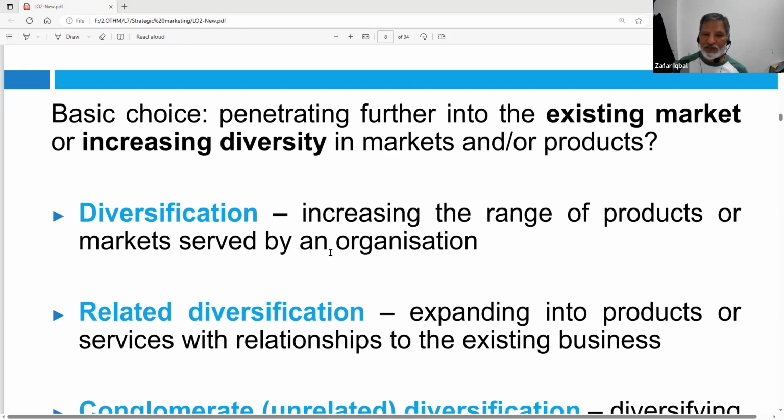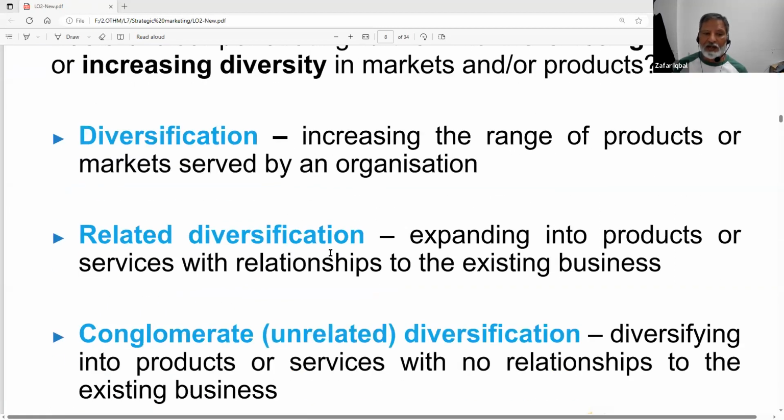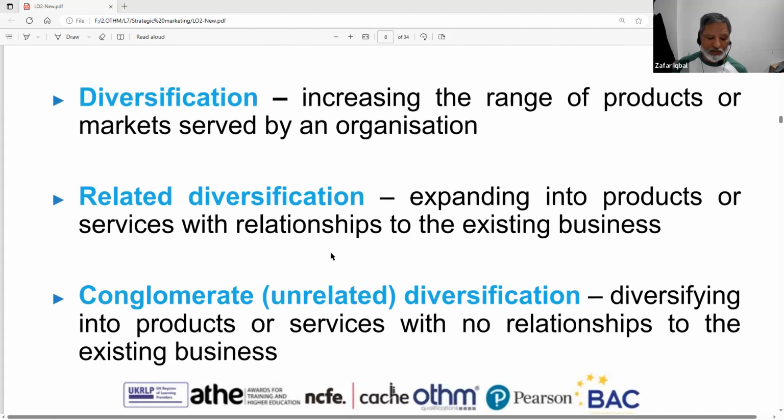Now, diversification means you increase your range of products or markets into areas that are either related areas, i.e. the same type of products or same line of product areas, without expanding too much into utilizing too much of your resources. You can bank on your existing resources. You can use your existing resources in order to diversify into related products.